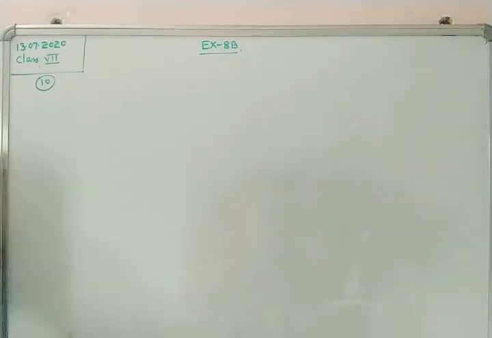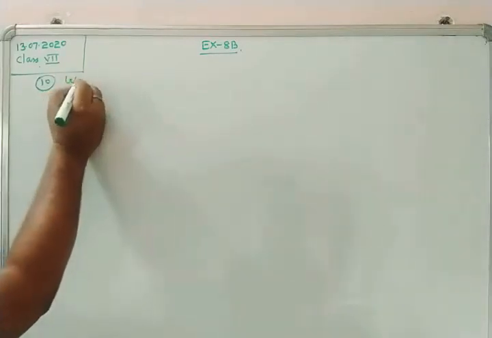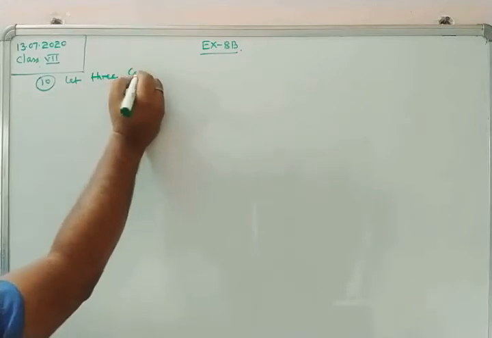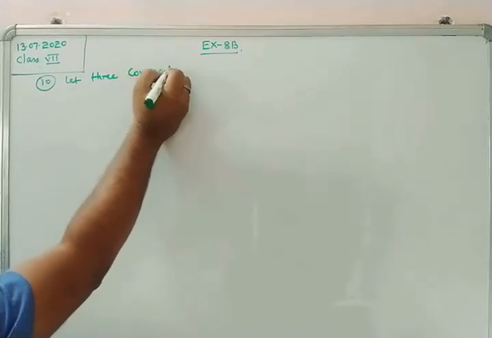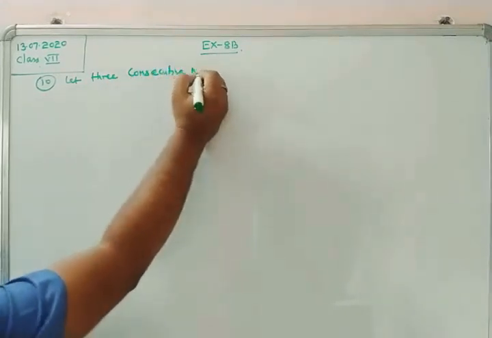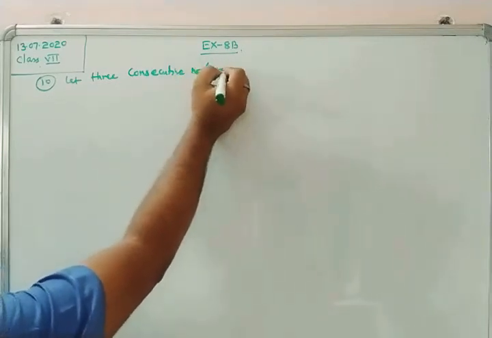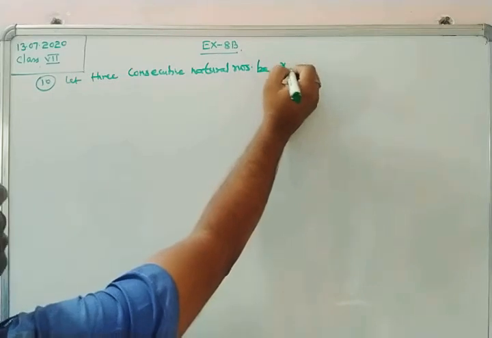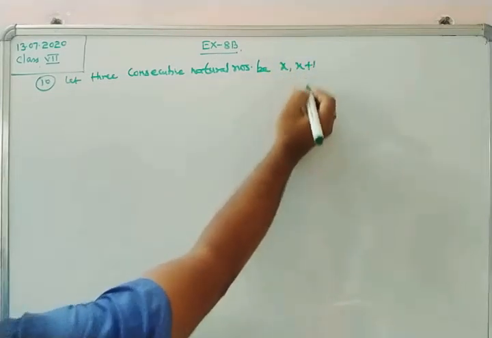Okay. So let us consider 3 consecutive natural numbers be x, then x plus 1. Why?